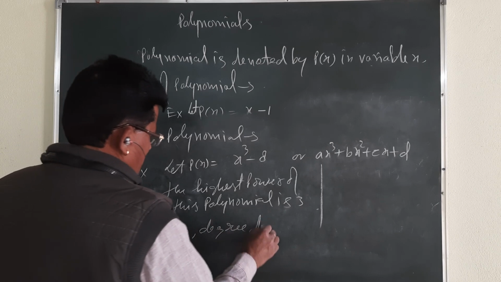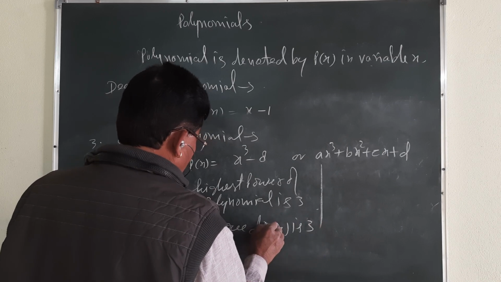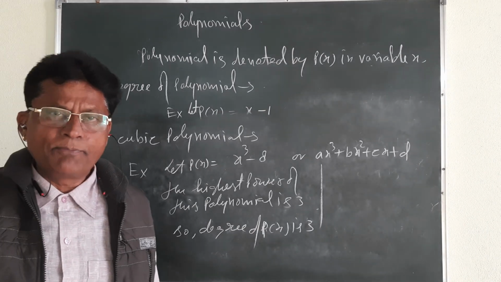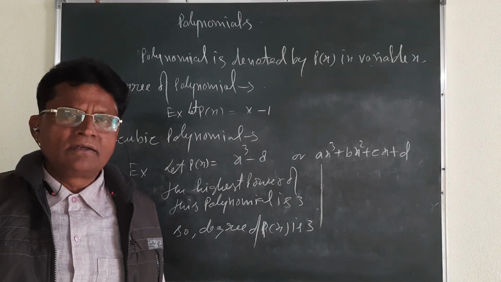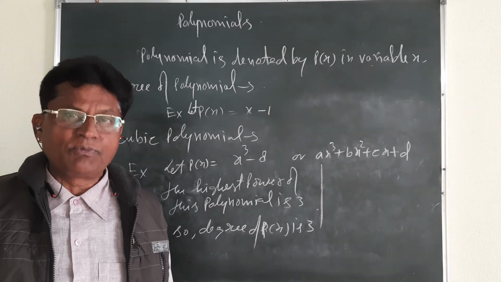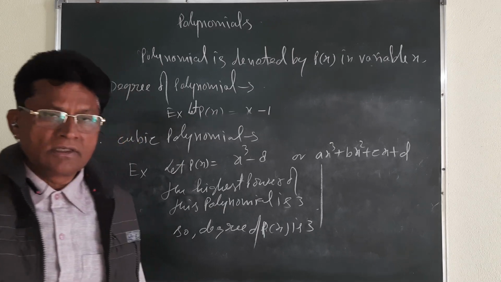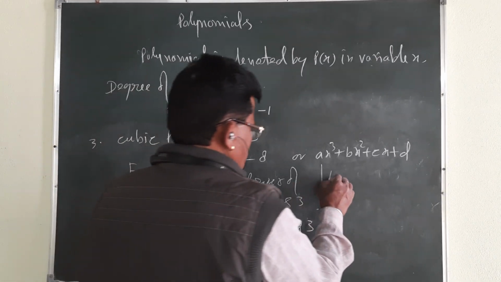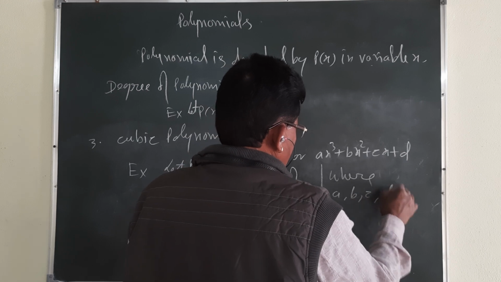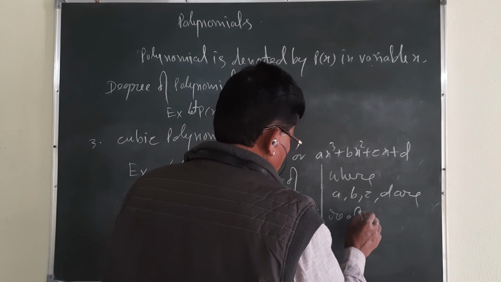Degree of Px is 3, because it is a cubic polynomial. That is why a polynomial whose degree is 3 is a cubic polynomial. You can write this definition, and it is very important, you must keep it in mind. But here you must write where a, b, c, d are real numbers. That is very important to write.